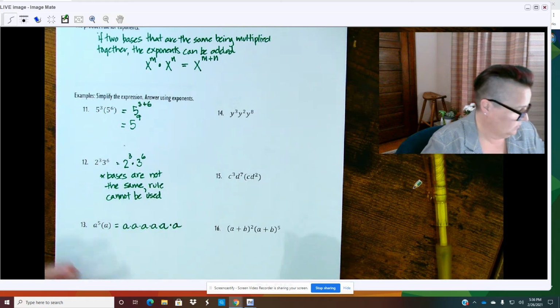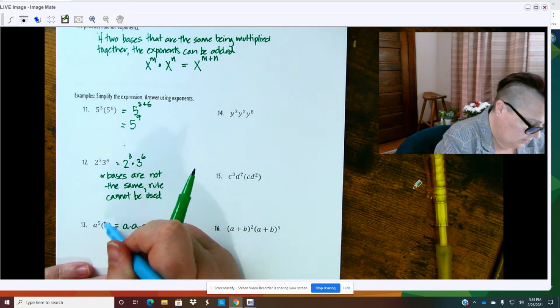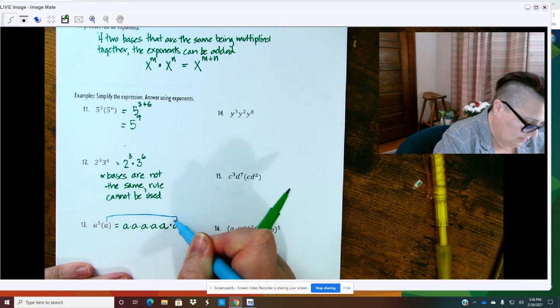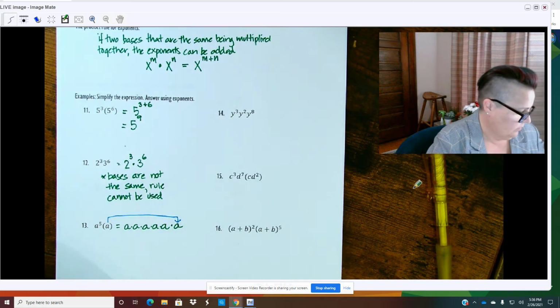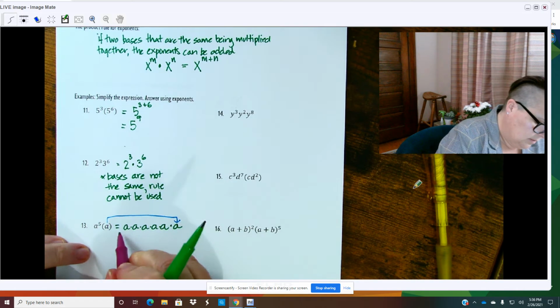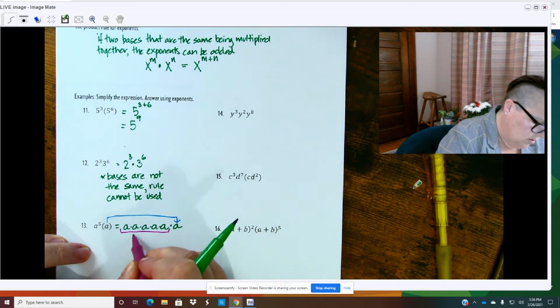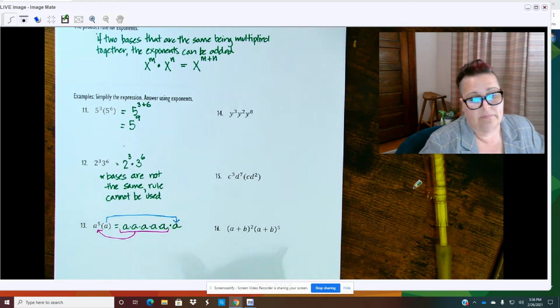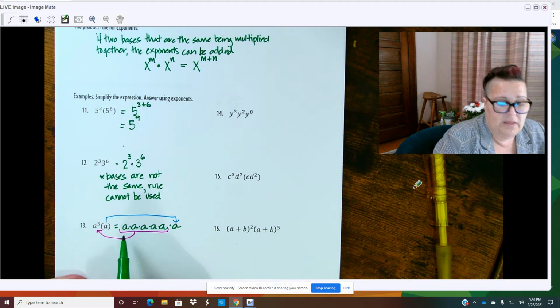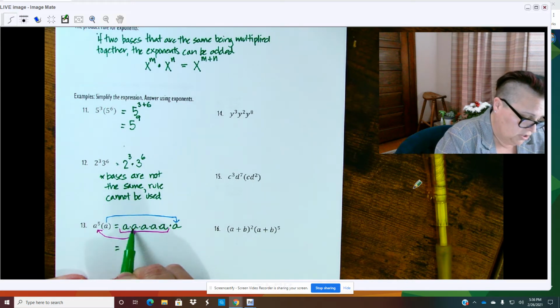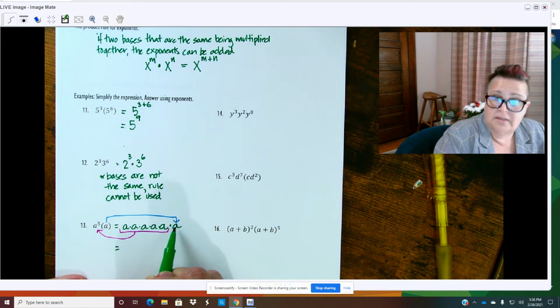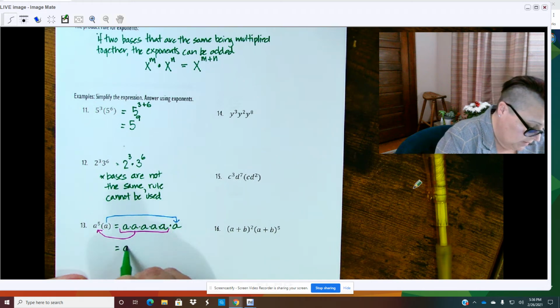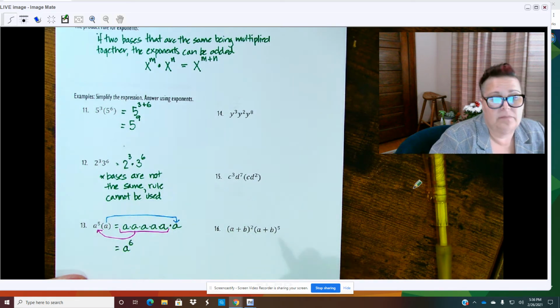That's this one, right? So this a here is just this last a on the end. And these 5 a's here all account for a to the fifth. So this gives me 1, 2, 3, 4, 5, 6. This should be the same as a to the sixth.